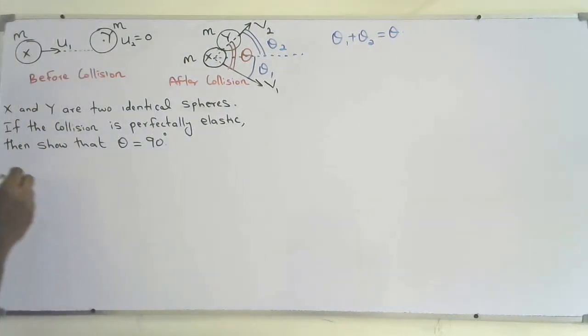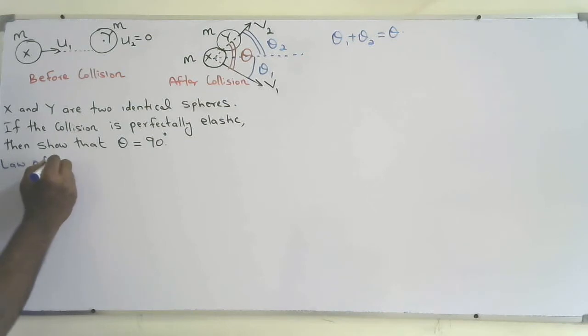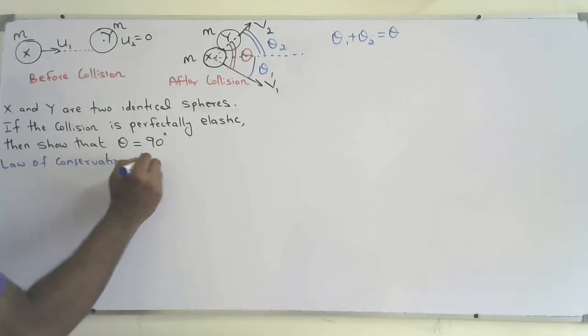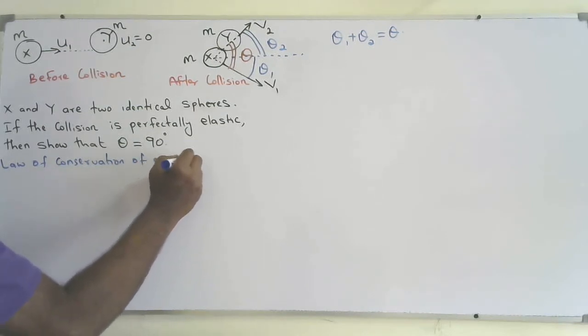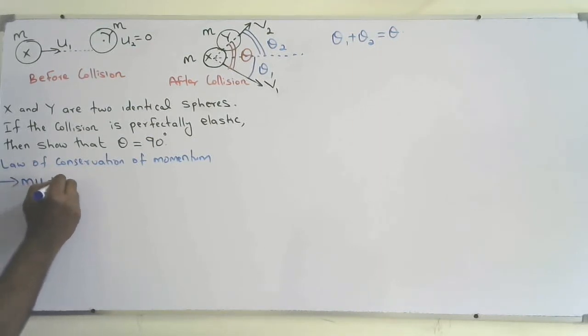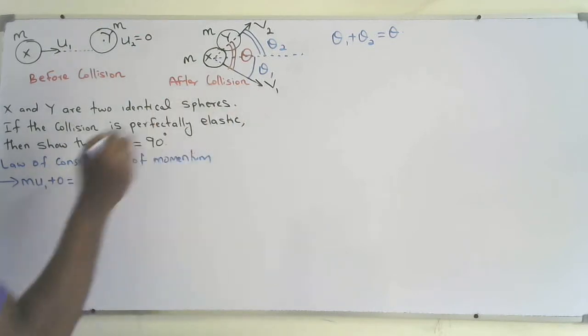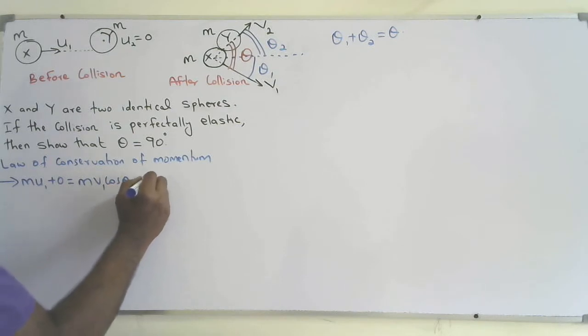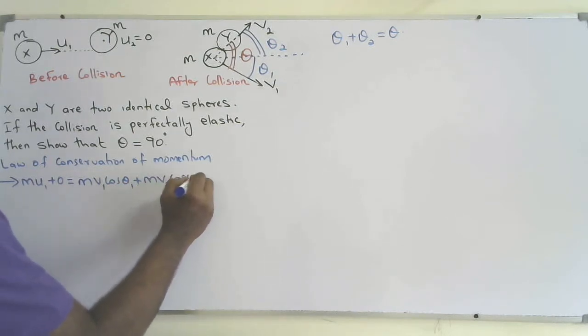I'm going to use the law of conservation of momentum in the horizontal direction, along the initial direction of velocity of X. If I use it, m u1 plus 0 is equal to m v1 cos theta 1 plus m v2 cos theta 2.